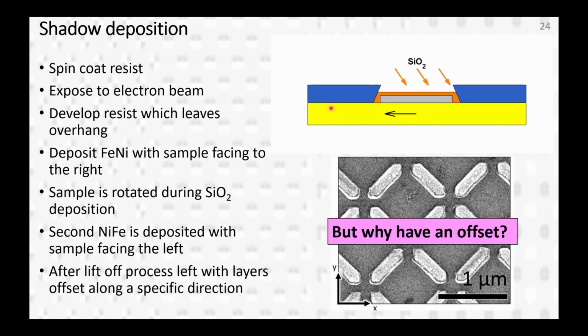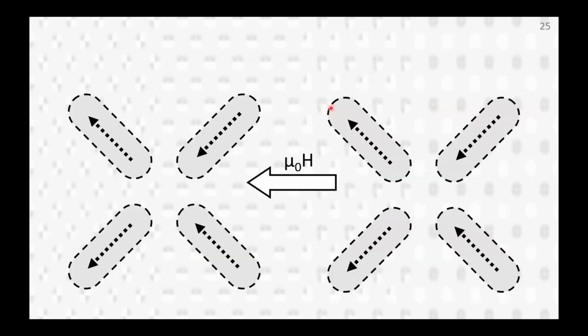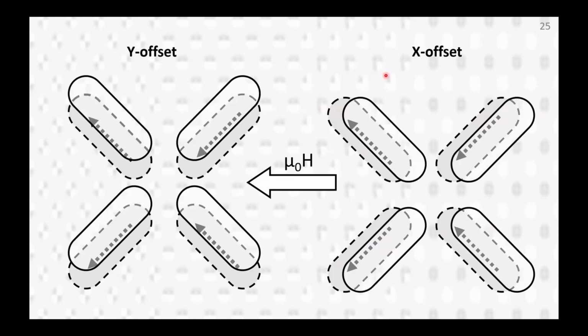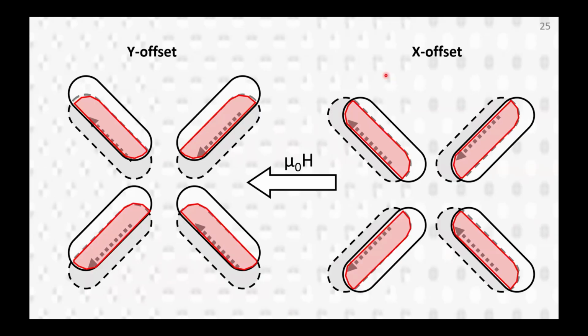But why would you want this offset? If we assume that our bottom layer is pointing in this leftward direction, we can create two different cases: a Y offset and an X offset. Now, consider the shaded regions where the top and bottom layers overlap, and assume that the anti-parallel configuration is the lower energy one.